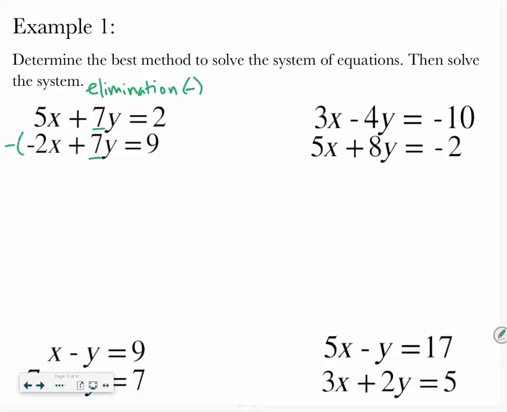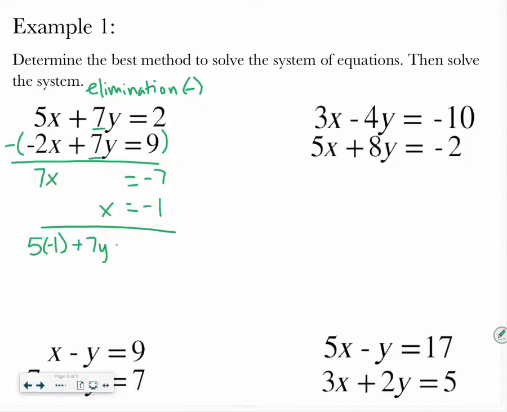So I'm going to go ahead and subtract everything here. So I have 5x minus a negative 2x. That becomes 5x plus 2x. So we have 7x. 7y minus 7y just becomes 0. 2 minus 9 is negative 7. So my x equals negative 1. If I plug negative 1 back in, I have 5 times negative 1 plus 7y equals 2.